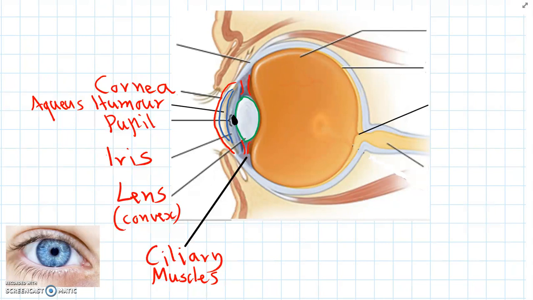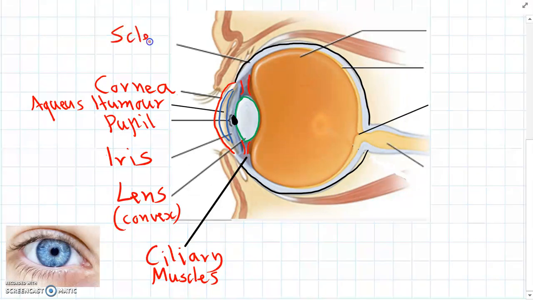Then the whole outer coating, all the way around the eye, this thick white area, is called the sclera. And that's made up of tough tissue that holds the eyeball and gives it a bit of strength.